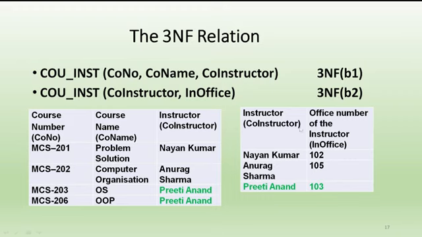When you join these two tables on course instructor, the course number will be appended and you will get the original table without any difficulty. So this is once again a non-loss decomposition. Your decomposition is perfect, and now you are able to get a third normal form of the table.